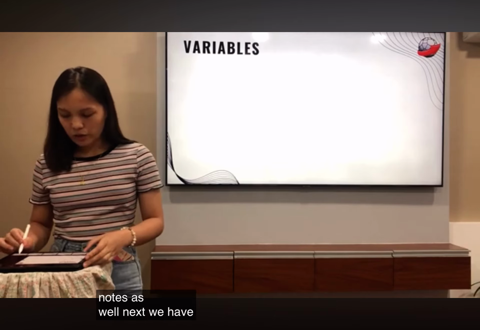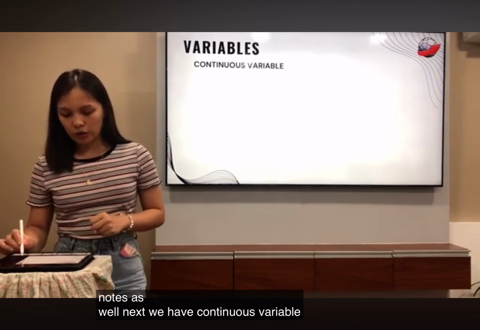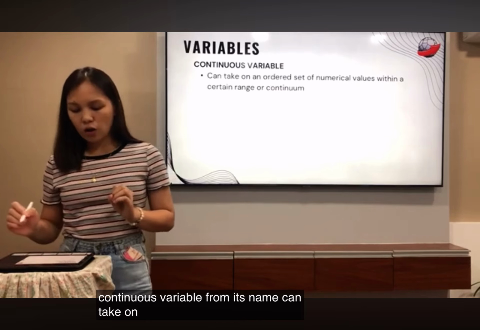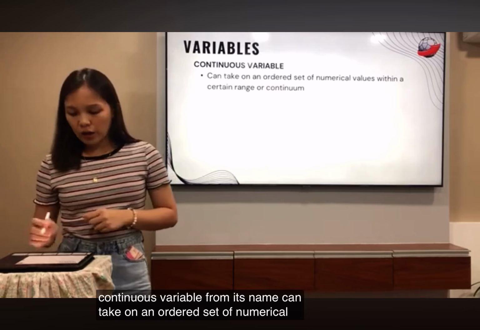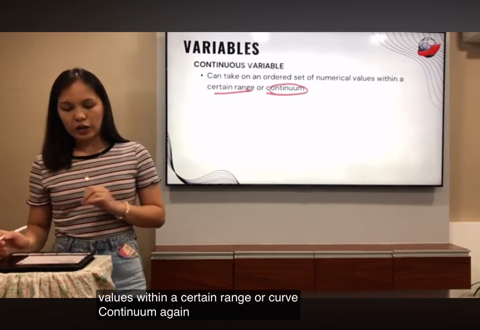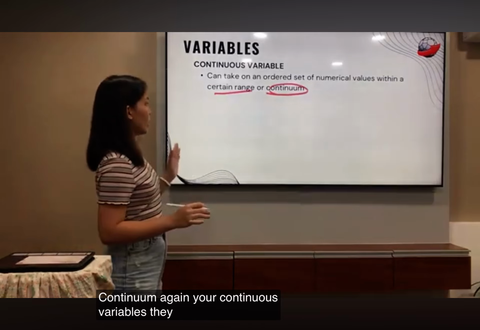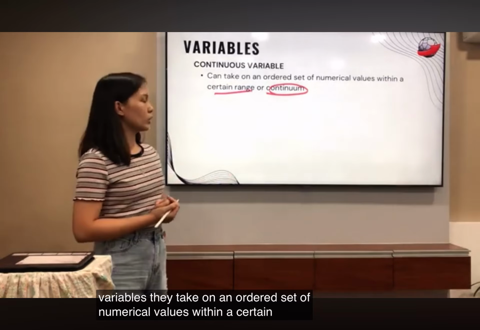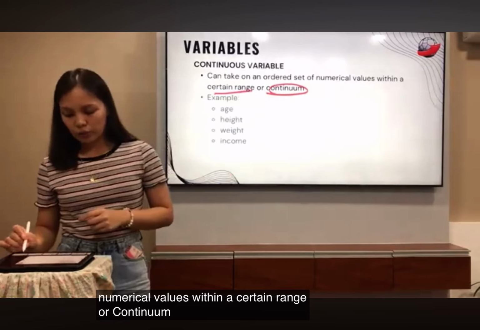Next, we have continuous variable. So continuous variable, from its name, can take on an ordered set of numerical values within a certain range or continuum. Again, your continuous variables take on an ordered set of numerical values within a certain range or continuum.